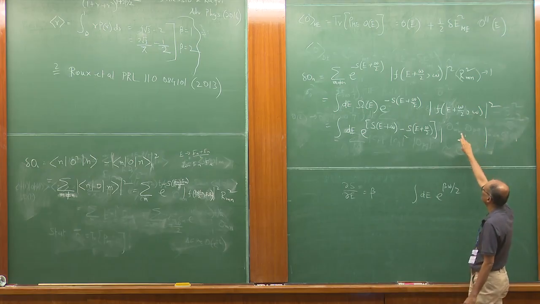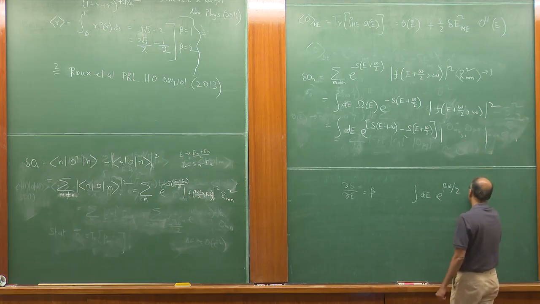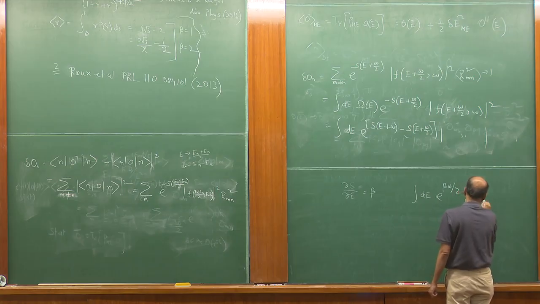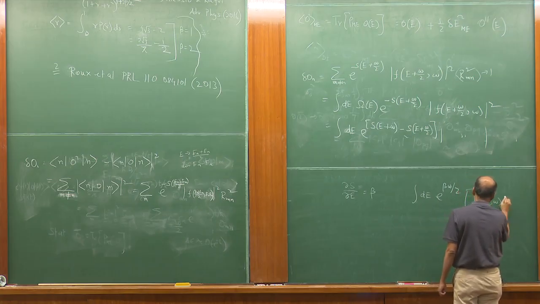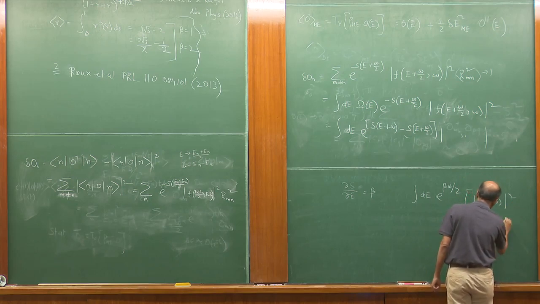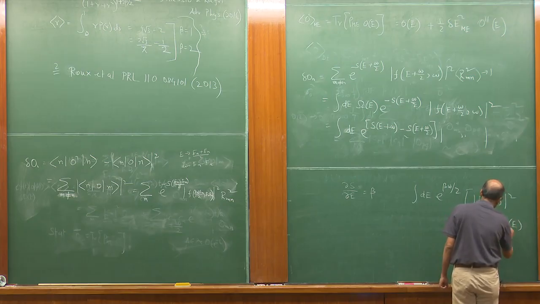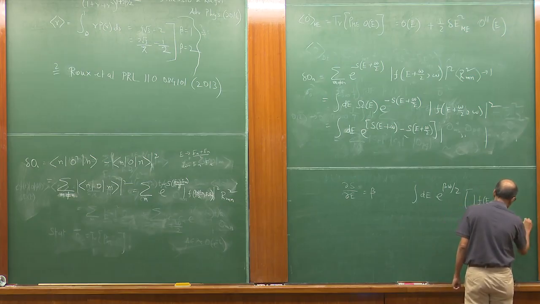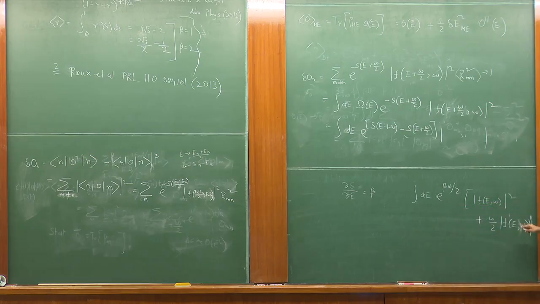And here I'm going to expand only in the first term. So this will come as mod f E omega square plus omega by 2 f E. This means that this is the first derivative of del f, the mod f square, with respect to E. Okay, just expanding this in the first order.